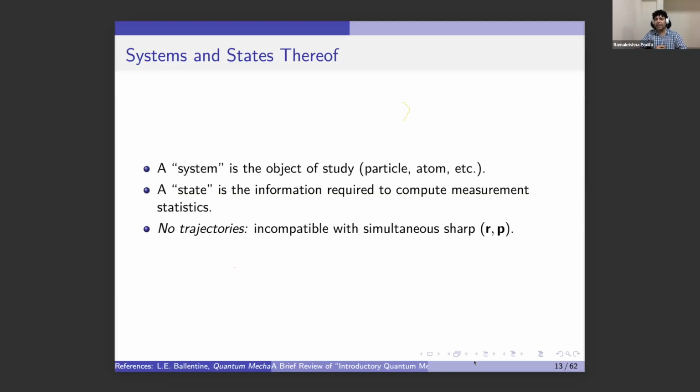In classical mechanics, we say there are trajectories. For example, if I were to throw a ball, let's say I throw it up and give it some momentum. I know that this ball is, let's say, on Earth, so it's going to be attracted by gravity. As the ball goes up, it's going to go up and then fall somewhere.